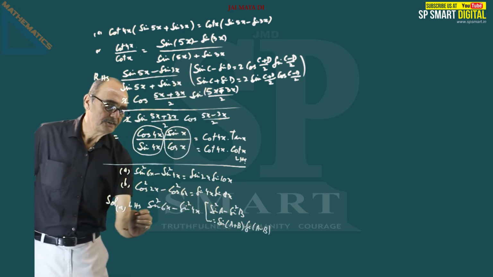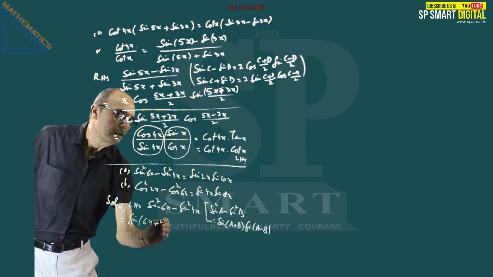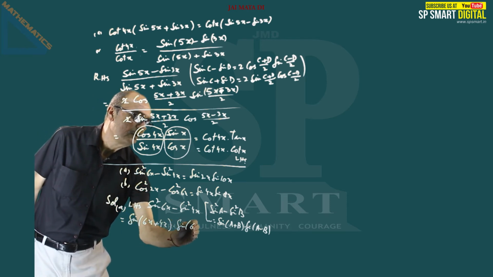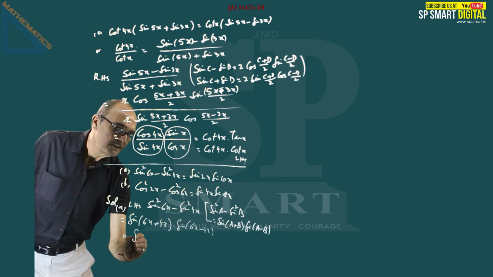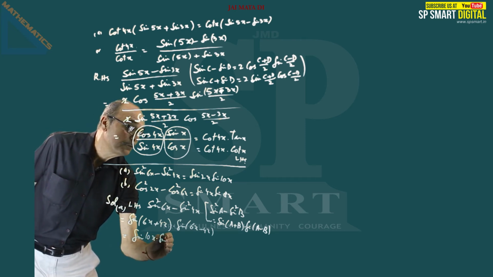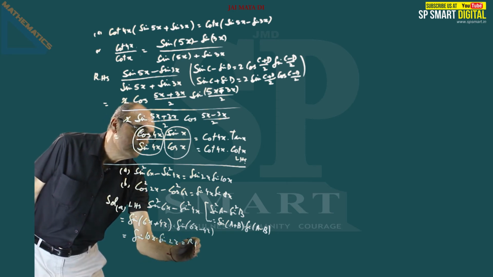So, a in this case is 6x, sine of a plus b into sine of a minus b, and this is sine of 10x into sine of 2x, and this is the right side.